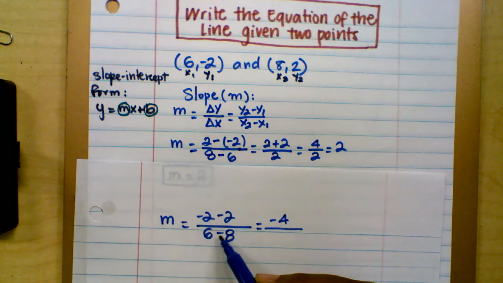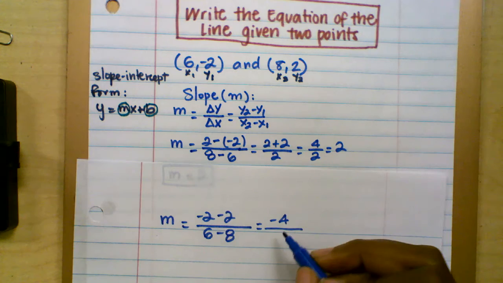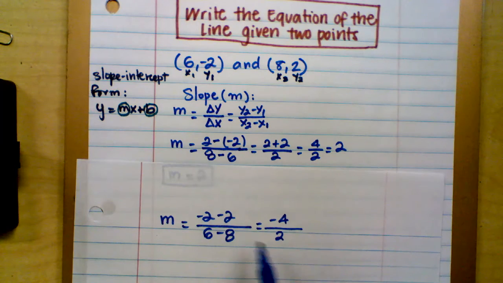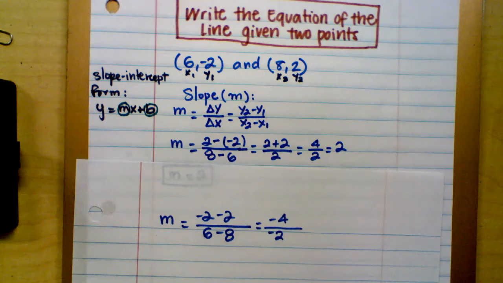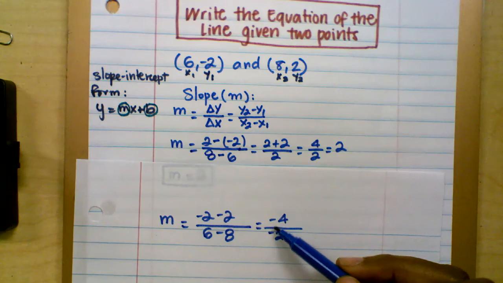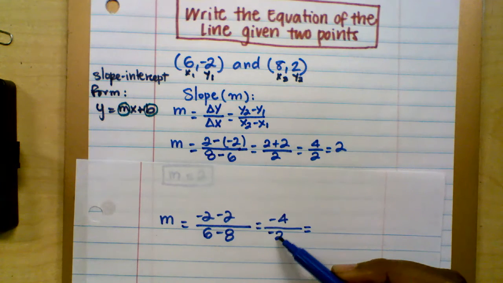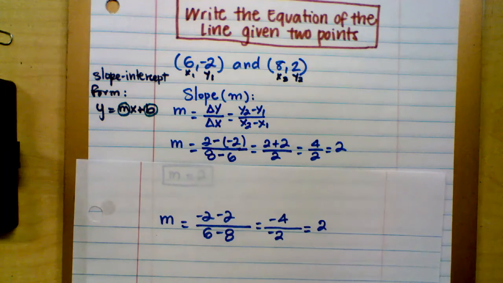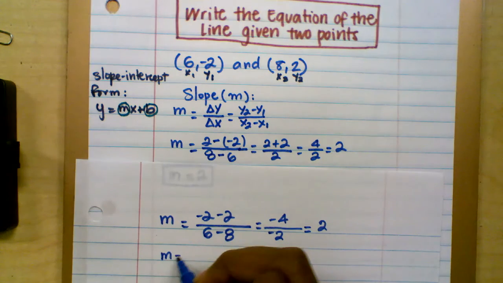And 6 minus 8: the numbers have different signs, so you subtract. 8 minus 6 is 2, and you keep the sign of the bigger number. The bigger number here is 8, and it's negative, so it's -2. Now remember, a negative divided by a negative is a positive, and 2 goes into 4 twice. So you get m equal 2.